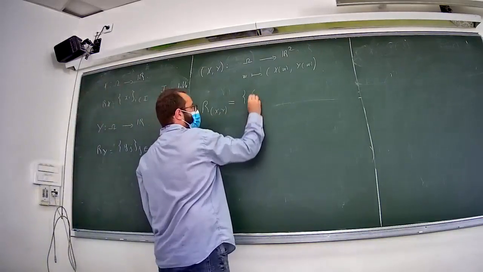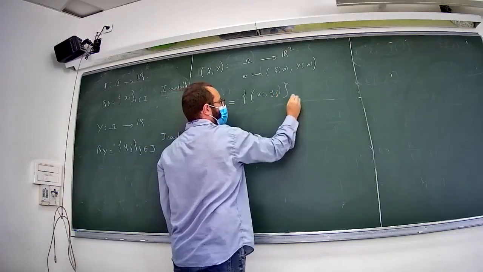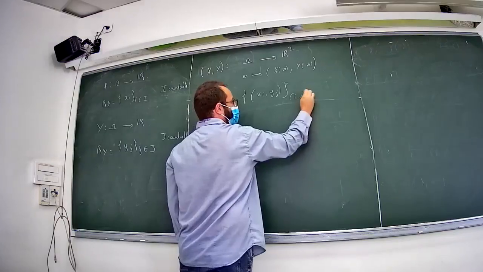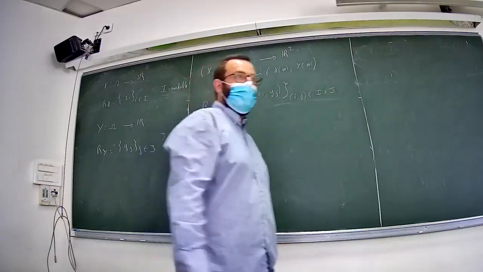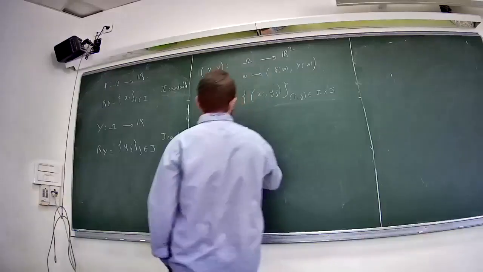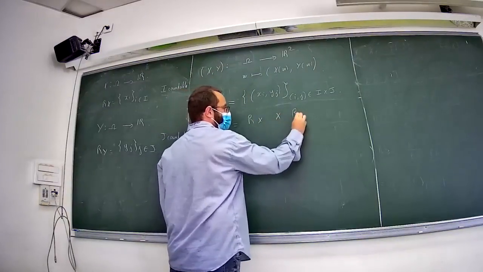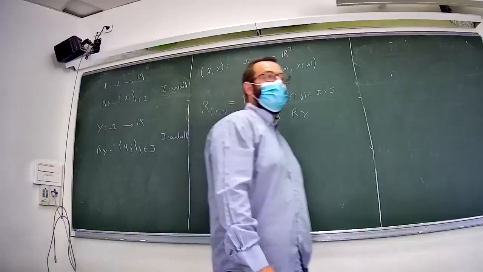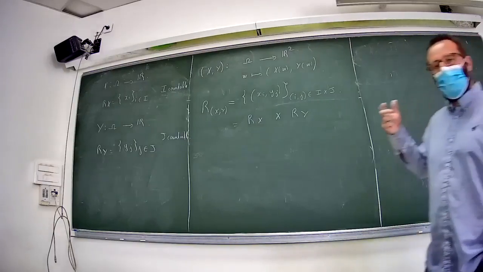So I can write it this way, for i, j belonging to I and J. Okay? Another way to write this is just to say that it is the range of X times the range of Y. Simply. The first component is an element in the range of X. The second component is an element in the range of Y.